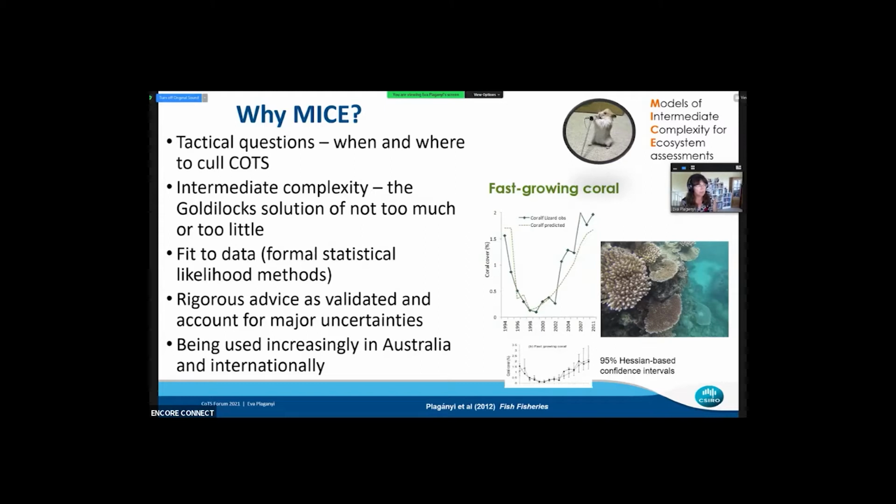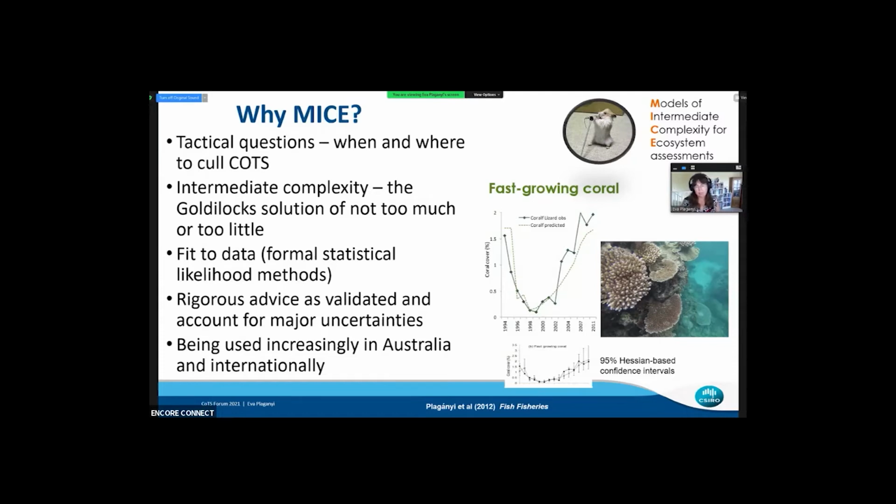But very importantly, these models are fit to data. So they're not a mechanistic model in the sense of describing every single process. What they try to do is come up with a simple population model that is consistent with all of the available data and information. And because it's a dynamic model, not a static statistical model, you can look at trends over time and a number of different hypotheses.